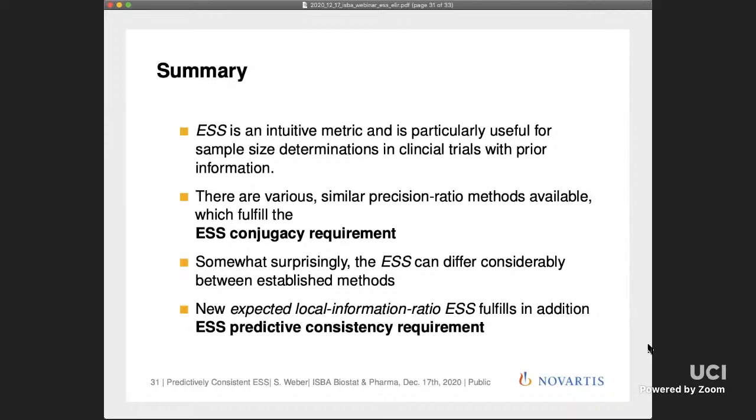So doing forward simulation from the prior and averaging over that will always be consistent using this ESS definition. This is why we think that any future work, if it is targeting the ESS, should not only fulfill the conjugacy requirement, but also this predictive consistency requirement, which we think is a very Bayesian perspective of things, and a very important requirement to fulfill.